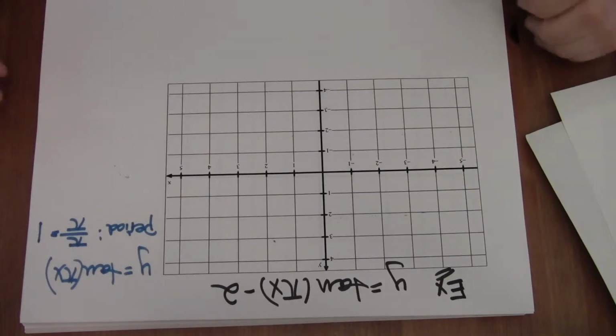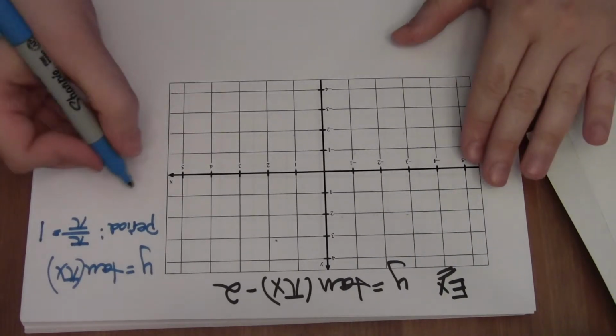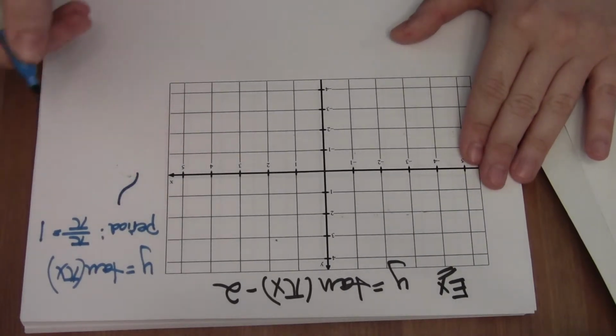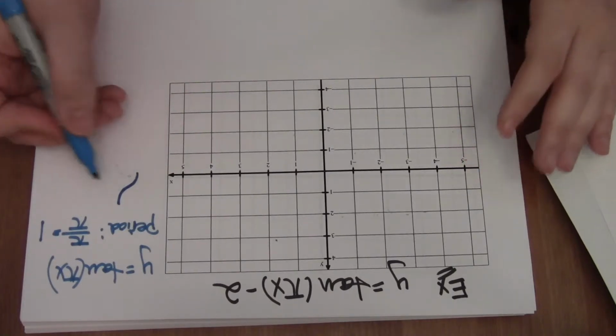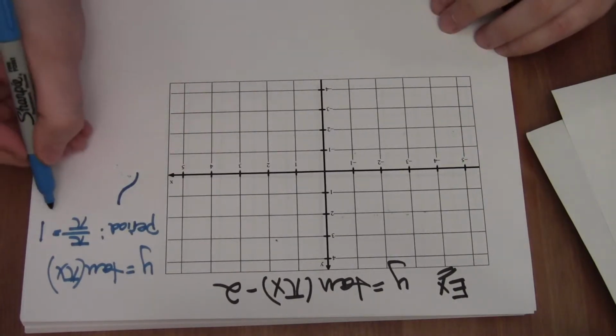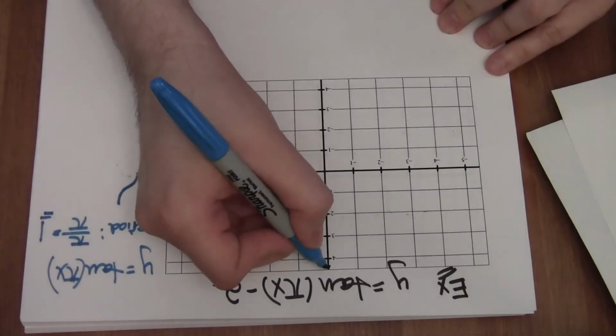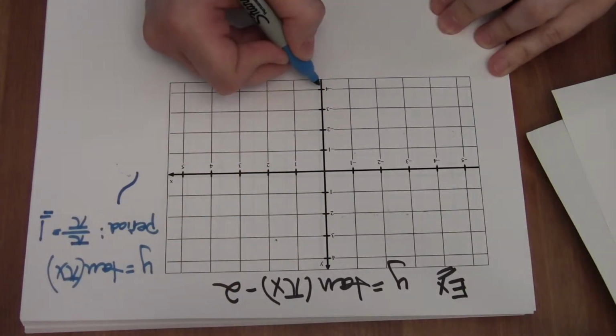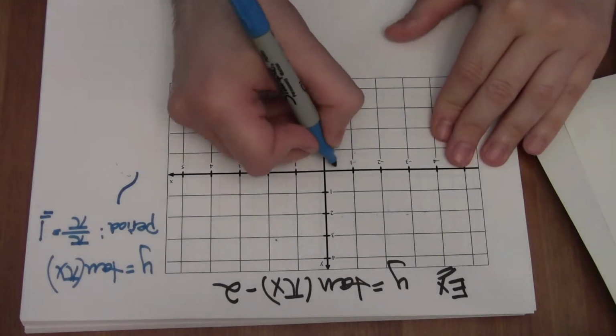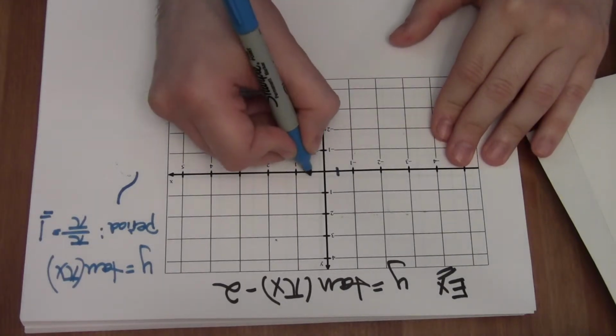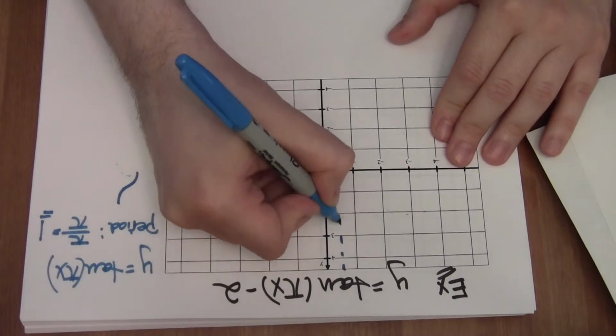The period should just be 1. I need to do my entire tangent graph over a span of 1 unit. Normally, it's centered on the y-axis, and it's still going to be centered on the y-axis. And I'm going to do my pattern between -1/2 and +1/2.